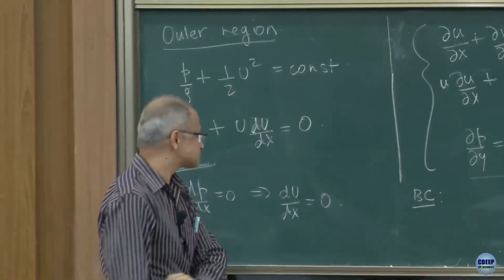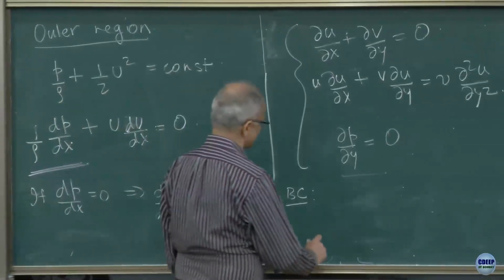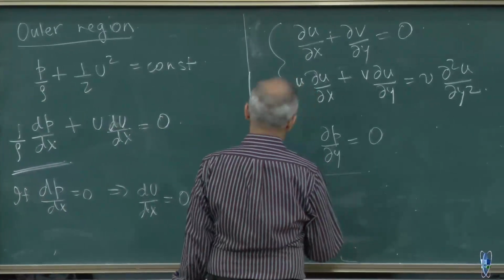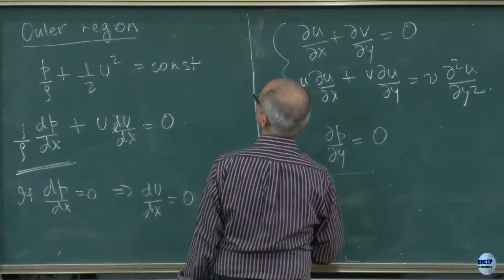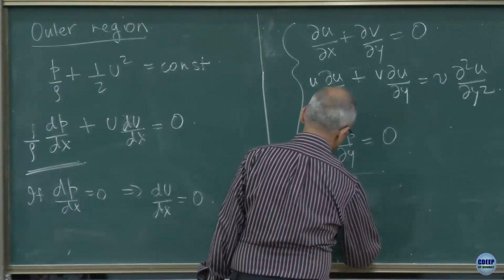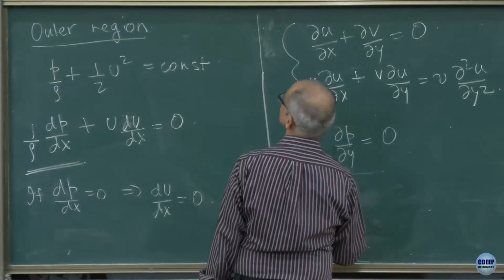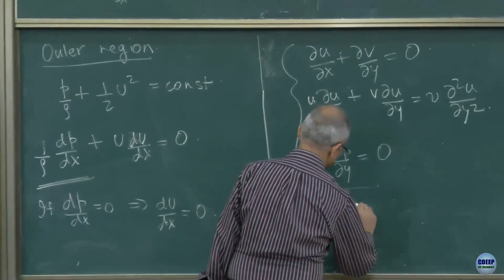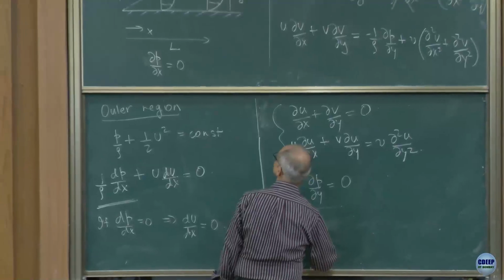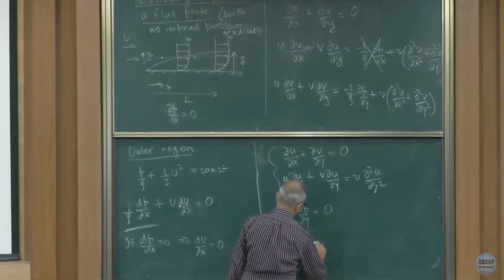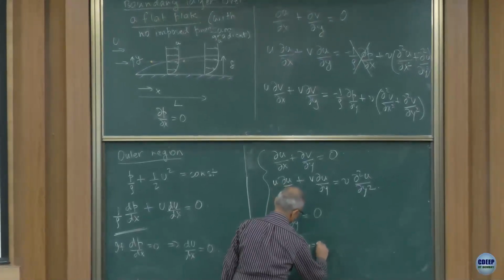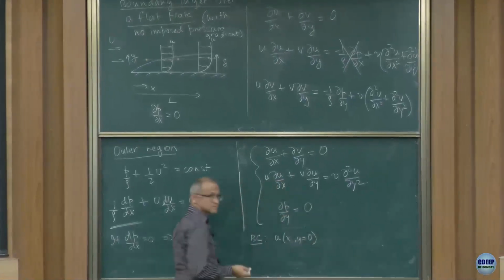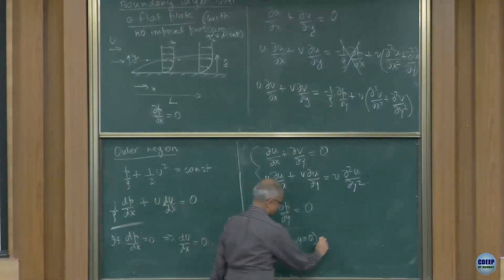So now what are the 4 boundary conditions? So u at x, y is equal to 0, at all x's, is equal to 0.